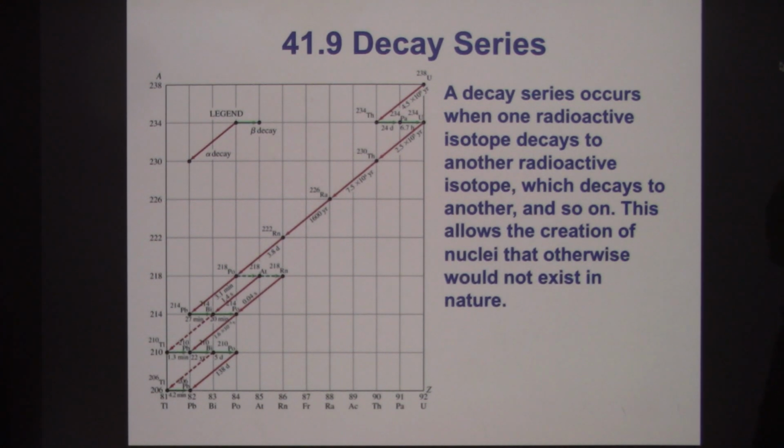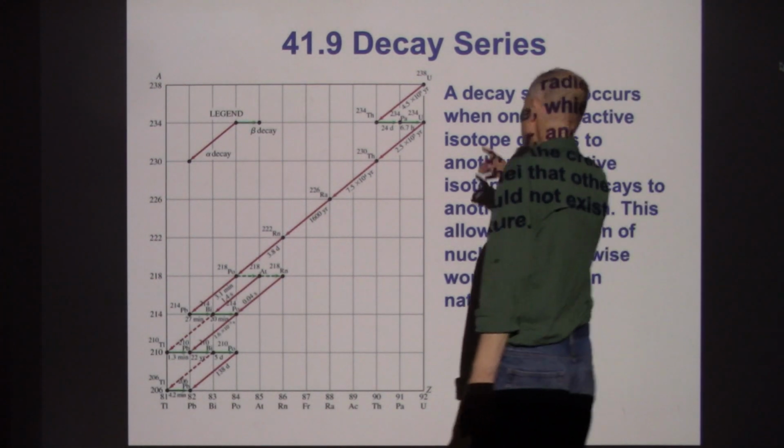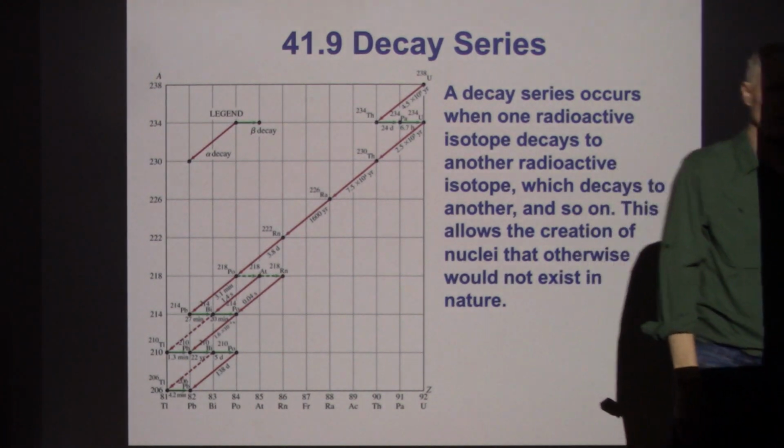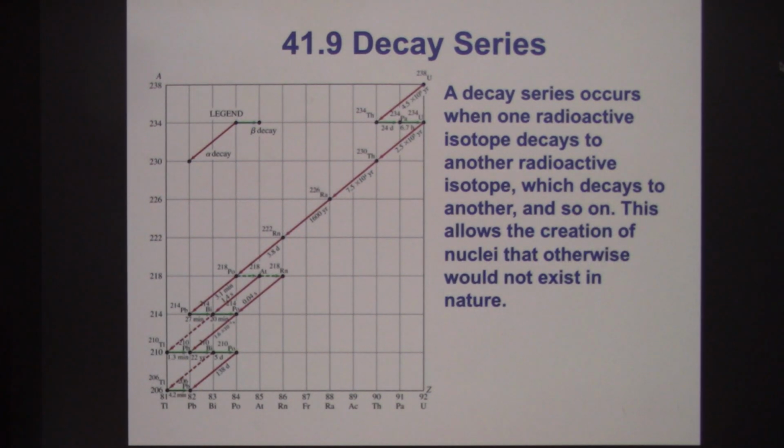Why would the uranium still be around? Because uranium-238 has a half-life of 4.6 billion years. So it's very patient. It does not undergo decay very rapidly.